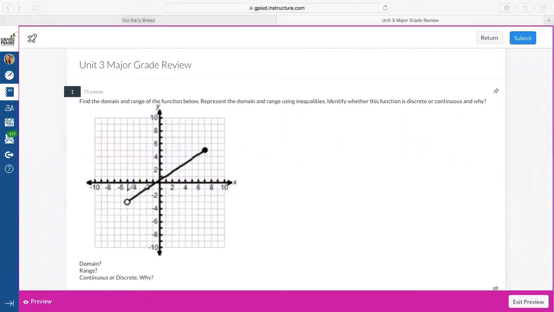So we need to look at the X axis, the furthest left point to the furthest right point on the graph. So the furthest left point is at -5. This is an open circle, so what does that tell us?